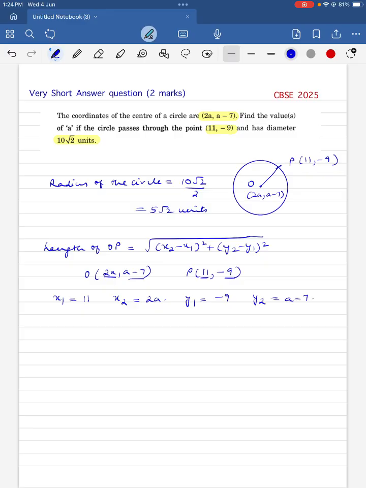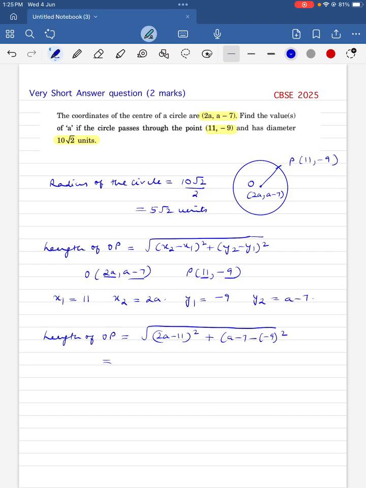Okay, now let's apply it in the formula. So length of OP is equal to square root of (x2 minus x1) the whole square, that is (2a minus 11) the whole squared, plus (y2 minus y1) the whole squared, which will be (a minus 7 minus 9) the whole squared.